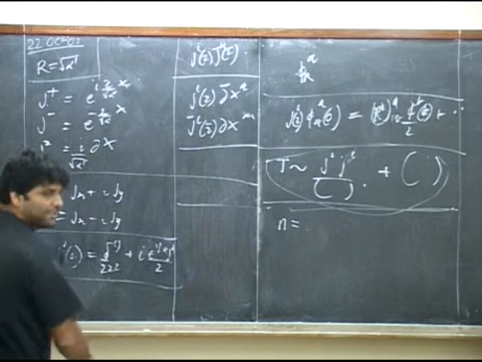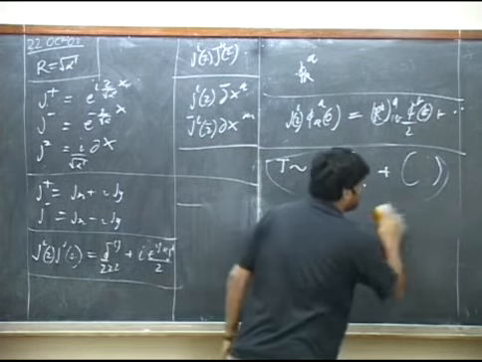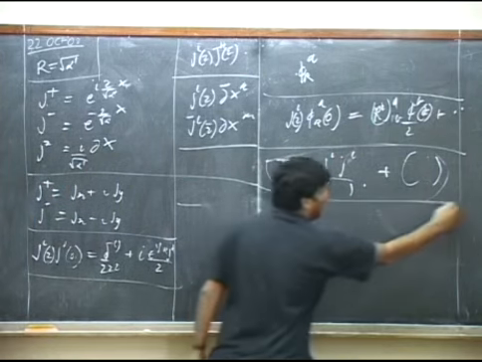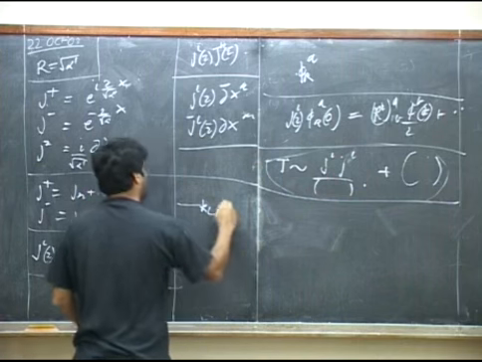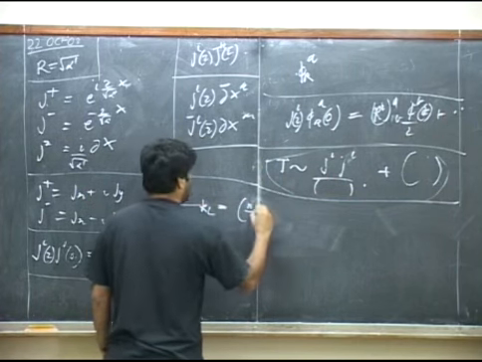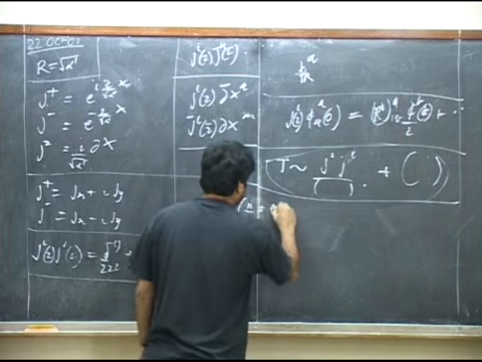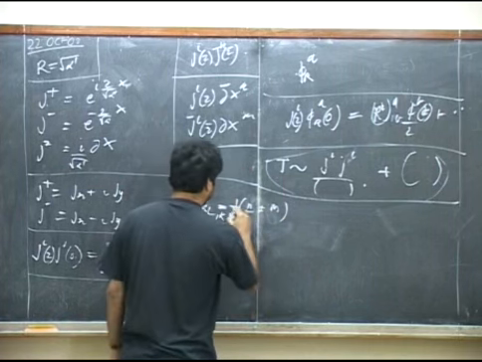Let's write down the vertex operators. Let's first look at the states. So k_L and k_R are given by n plus minus m, over square root.